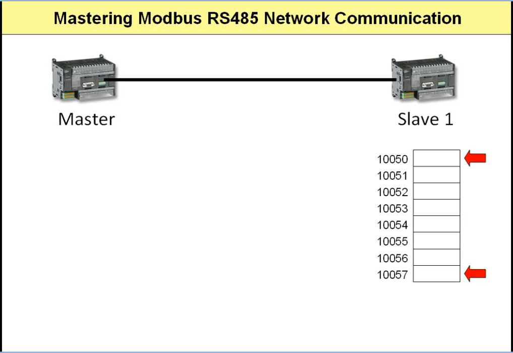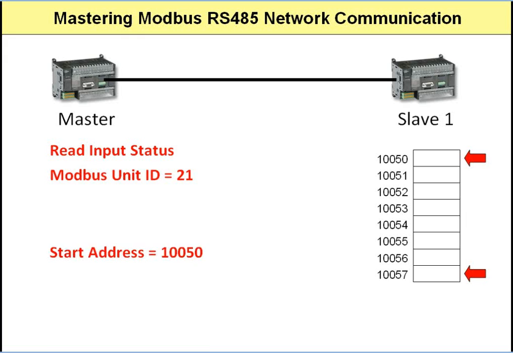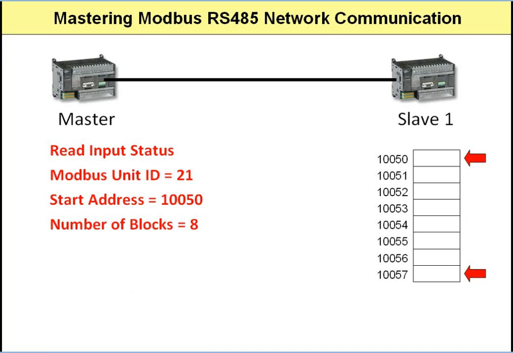So in the case of this example, you would have to configure the Modbus master to send, as before, the read input status command, that's correct, together with the Modbus unit ID of 21, that's correct, but it would then specify, instead of 10,050 and 10,057, a start memory address of 10,050 and a memory block length of 8.